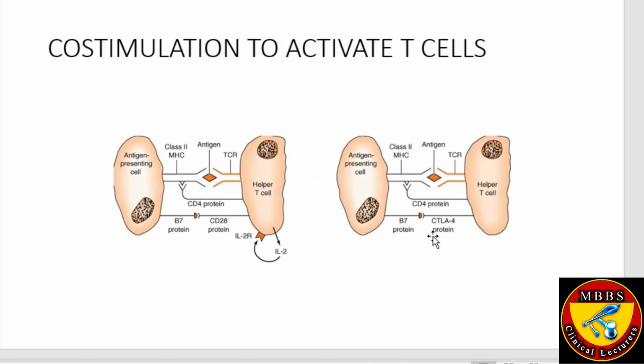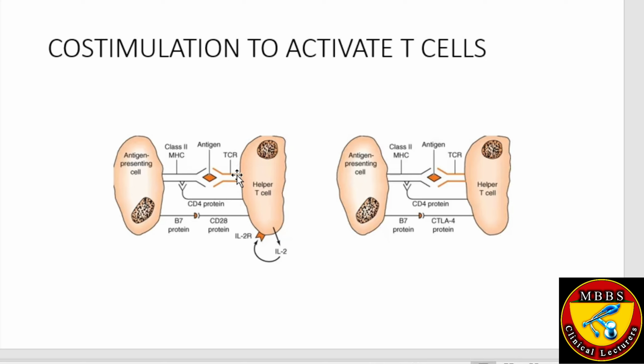So now we come to the co-stimulation to activate the T cells. Two signals are required to activate both the helper and the cytotoxic T cells. The first signal we already discussed: the interaction of the antigen and the MHC protein with the T cell receptor on the helper and the cytotoxic T cells.